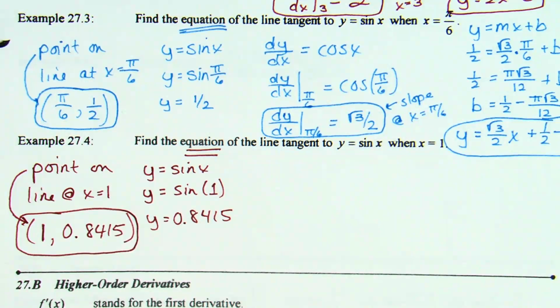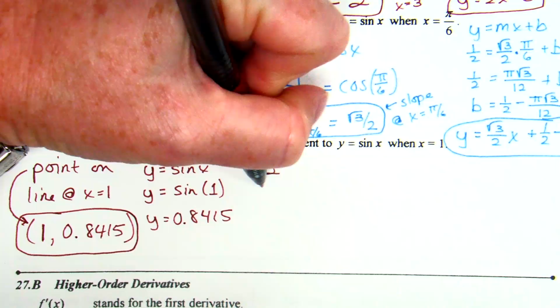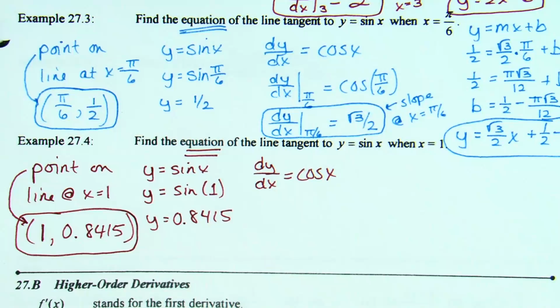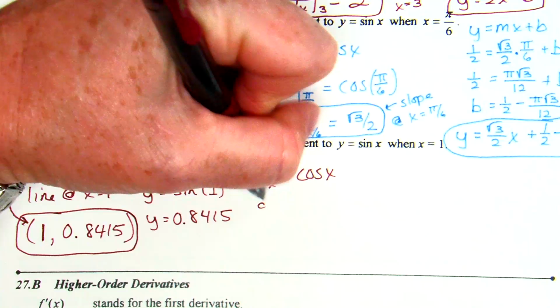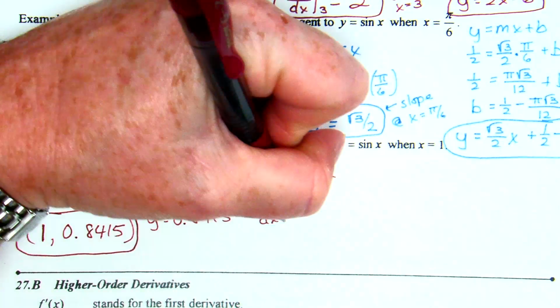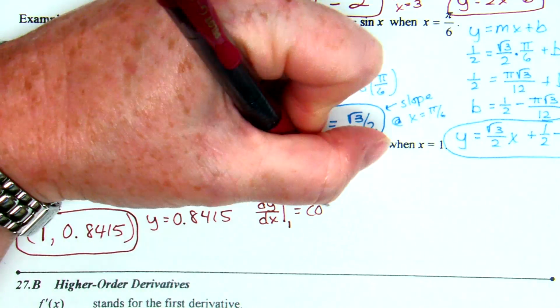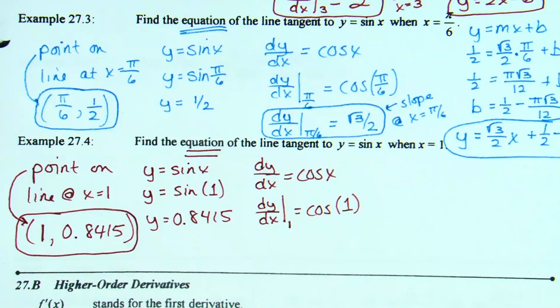Derivative. So the derivative of sine x is cosine x. Positive cosine x. And then what do I do with this? Put 1 into that derivative.